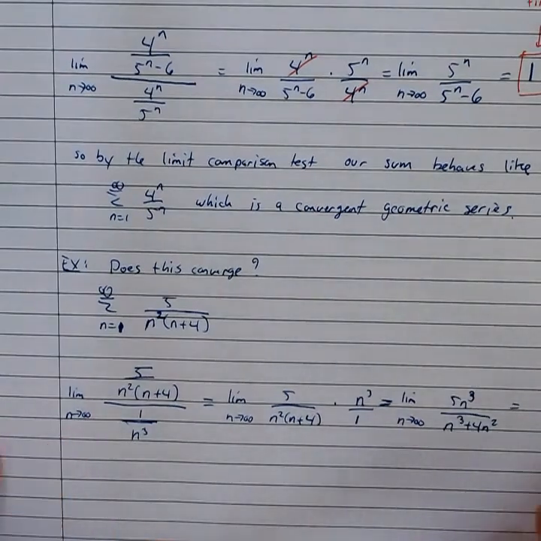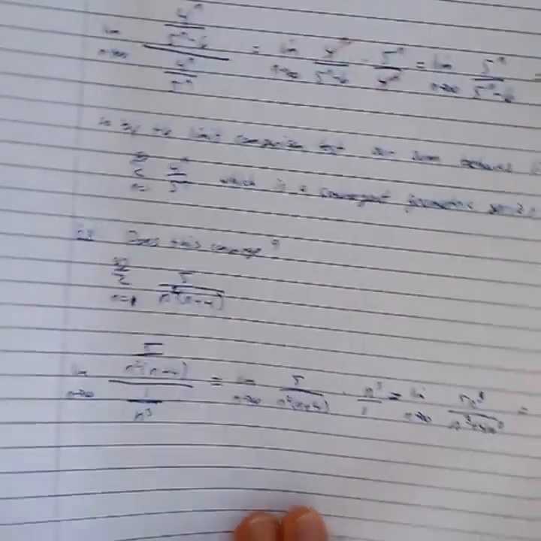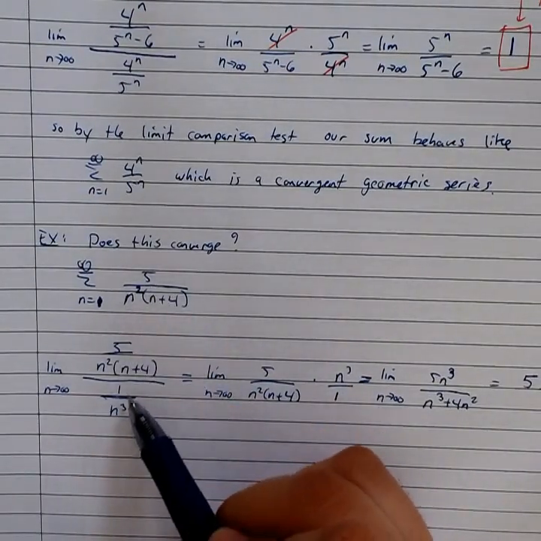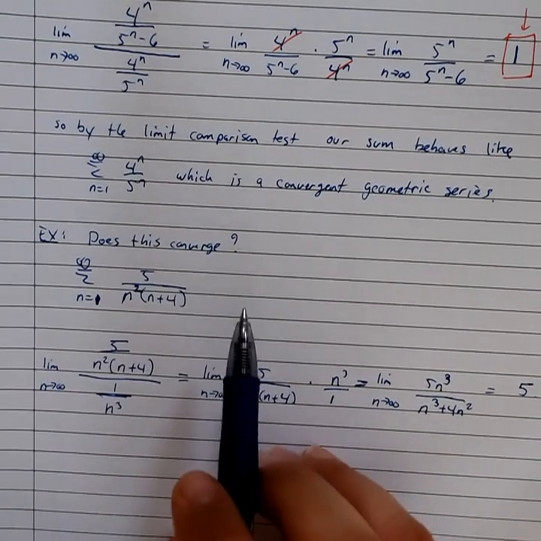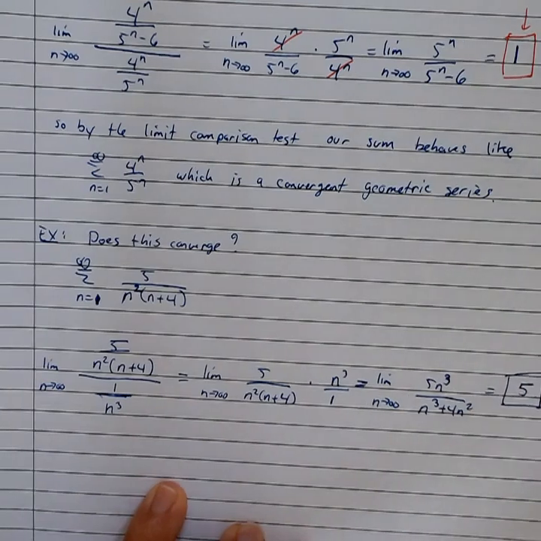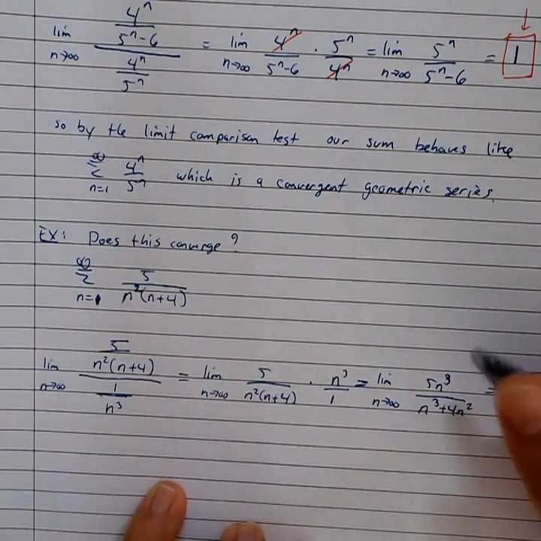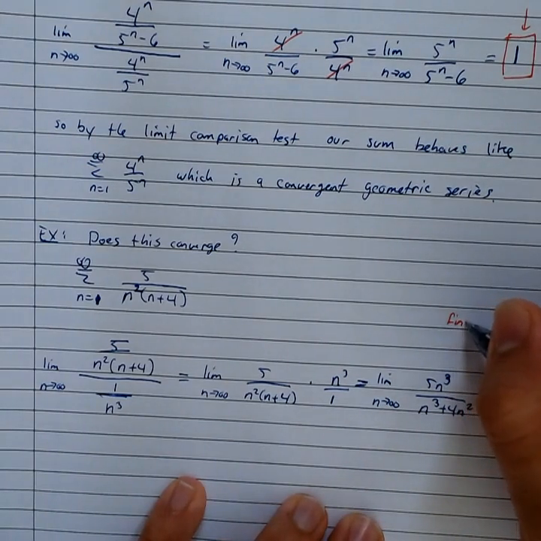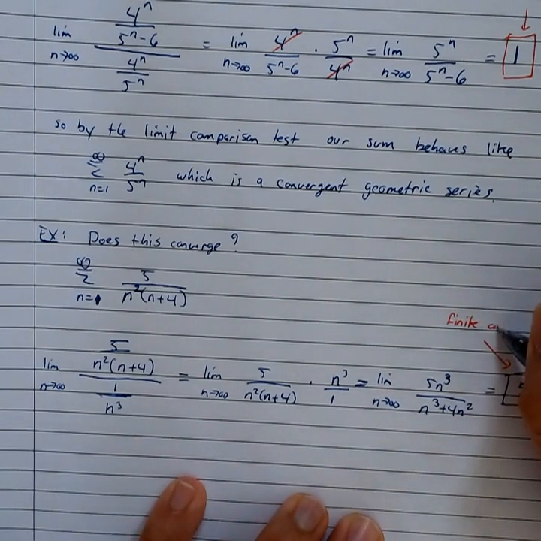So here we have a limit as n approaches infinity of the nth term of our series divided by the nth term of a much nicer series, one that we know things about. And here, this is the number 5. Now, that number 5 doesn't actually matter. All that matters is that this is finite and not 0.